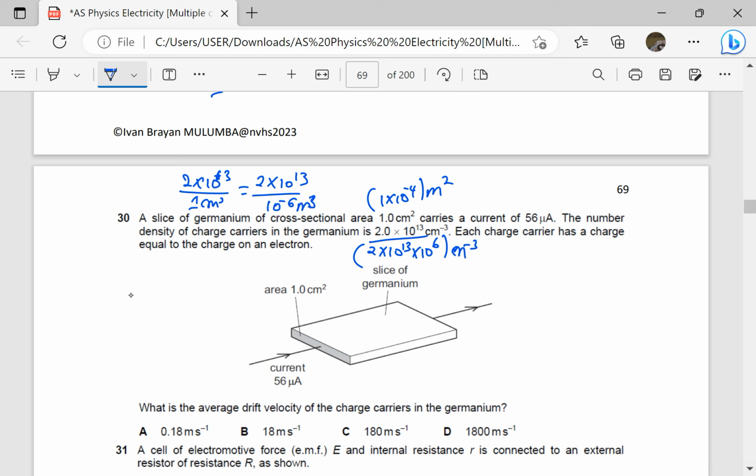When it goes up, it becomes 10 power positive 6 meters cubed. Okay, what is the average drift speed? Velocity of the charge. So we know that current is equal to nevA.